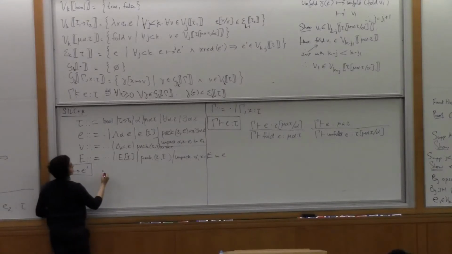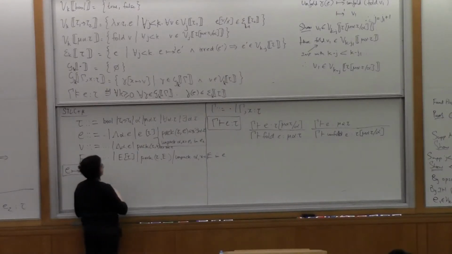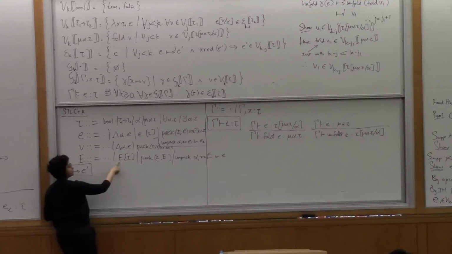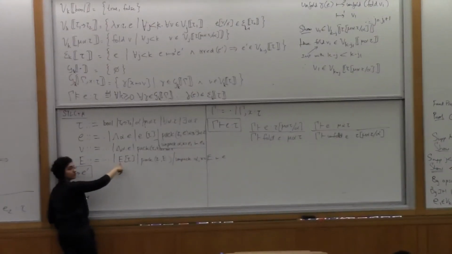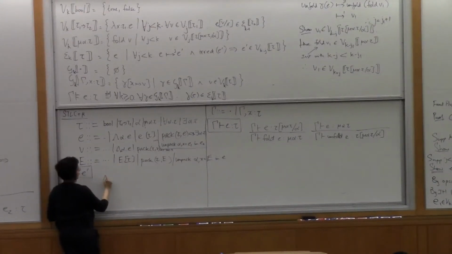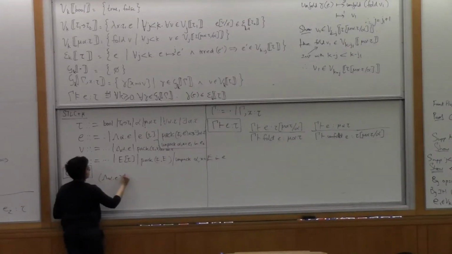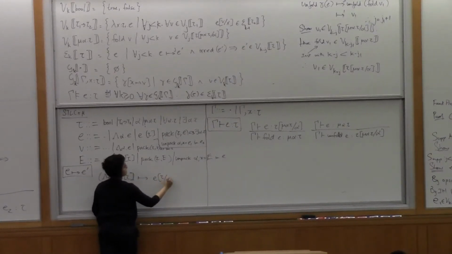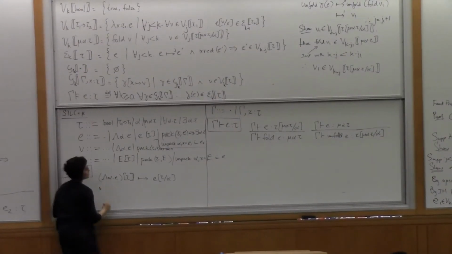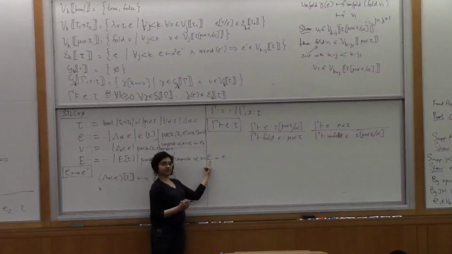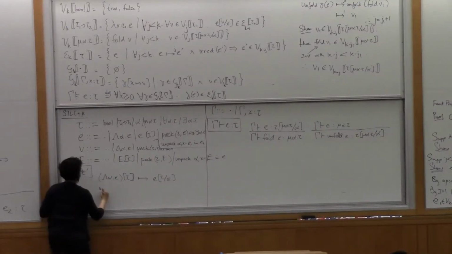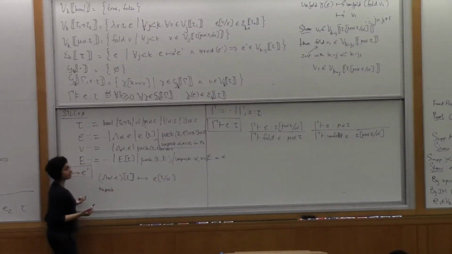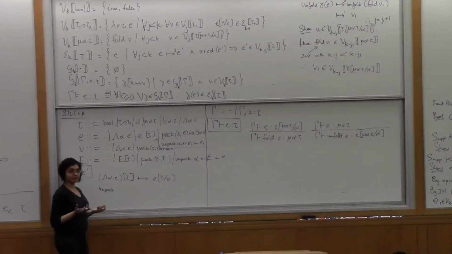So when we're doing type instantiation, once we've reduced this down to a value, it'll have the form lambda alpha e. We instantiate with the type tau, and that steps to e with tau substituted for alpha. For unpack, once we have gotten this down to a value, it'll be something of existential type, so it'll be a pack.